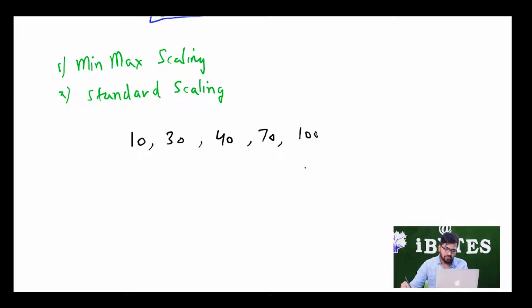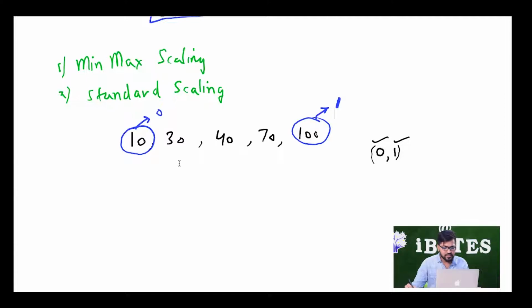If I choose a feature range of 0 to 1, I am going to feature scale in such a way that the minimum value becomes 0 and the maximum value becomes 1. Basically this 10, the minimum value, should become 0 and the maximum value, 100, should become 1.